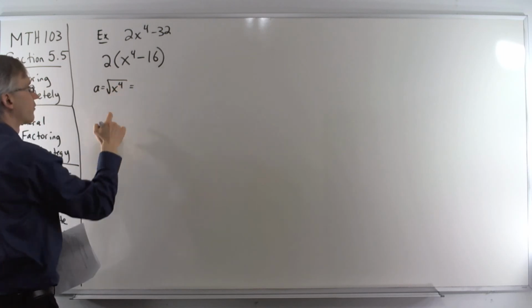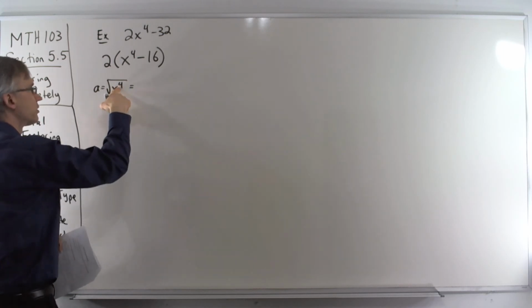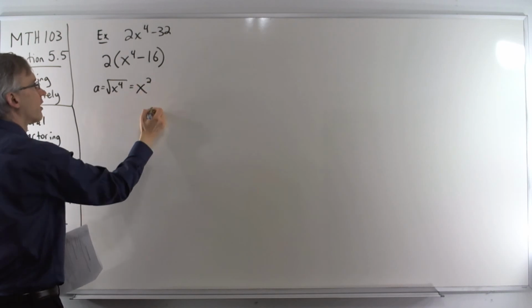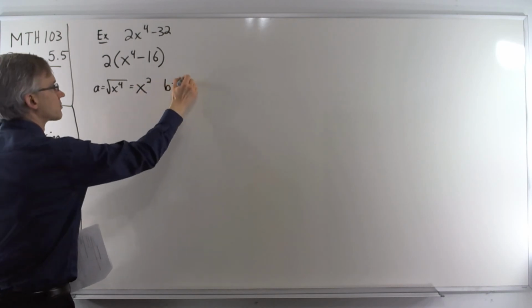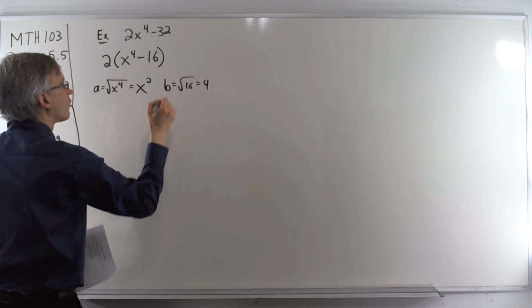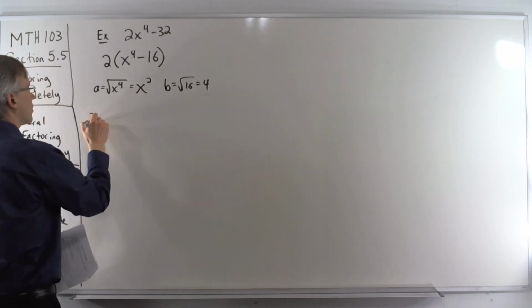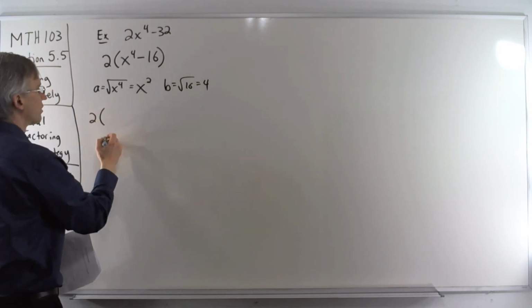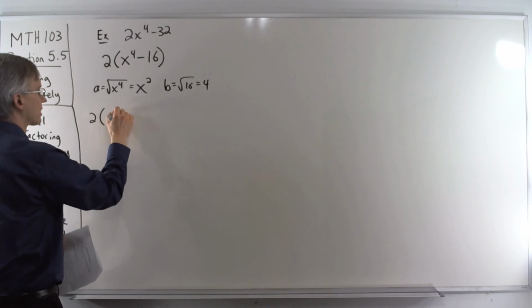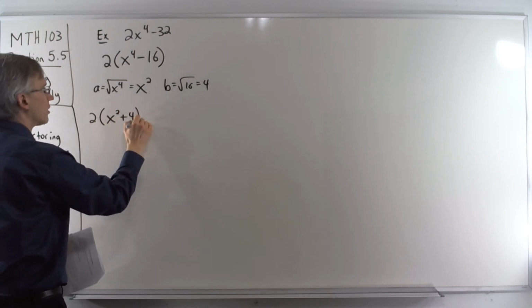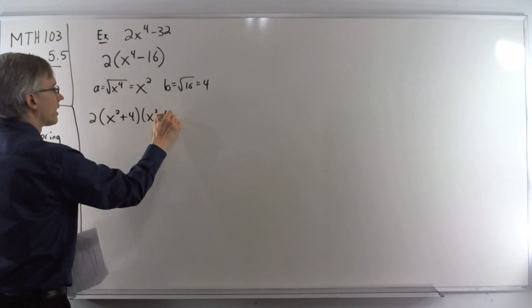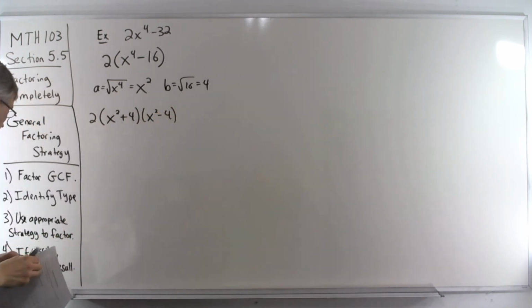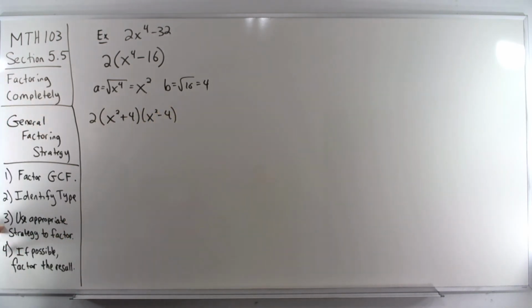The square root of x to the 4th, we're going to take that exponent divided by 2 to get 2, so we have x squared for a, and b is the square root of 16, or 4. Now using the difference of squares formula, that gives us x squared plus 4 and x squared minus 4.